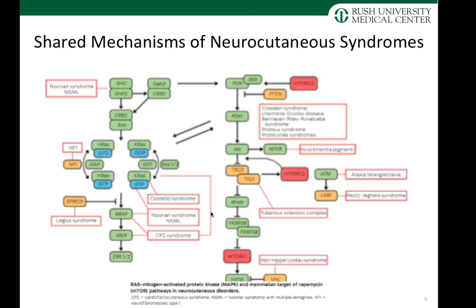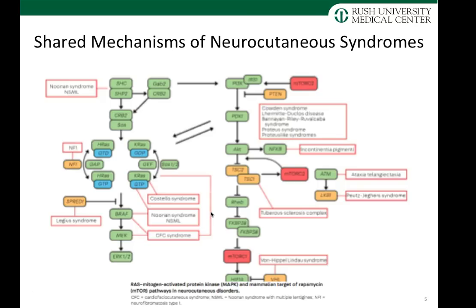And this particular set of pathway-related disorders are mutations in genes that regulate the RAS mitogen-activated protein kinase pathway, the MAPK pathway. And because they are all associated with this pathway, sometimes these neurocutaneous syndromes are called RASopathies.